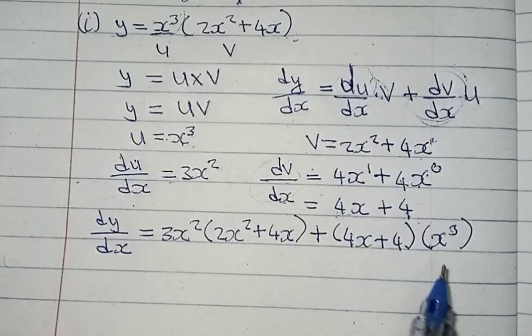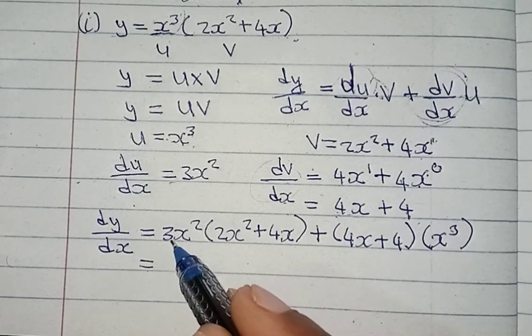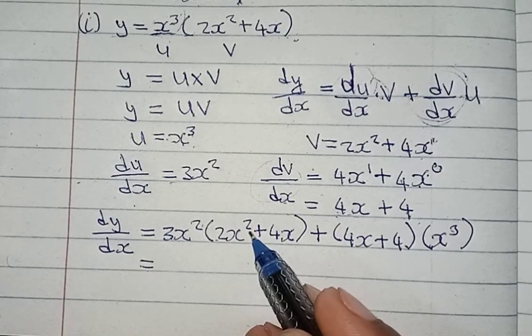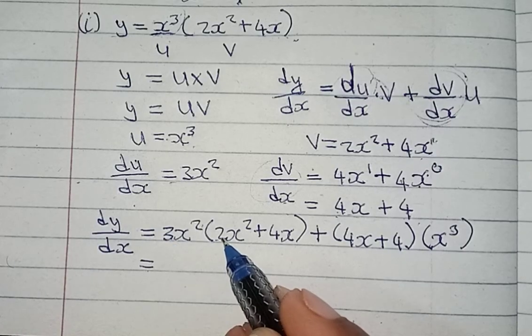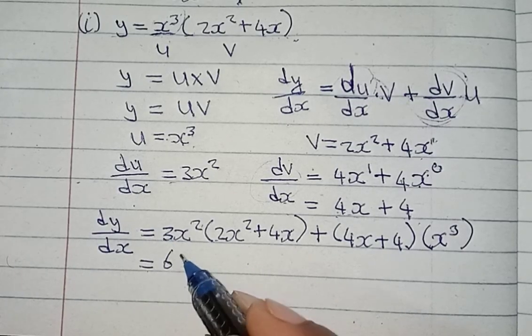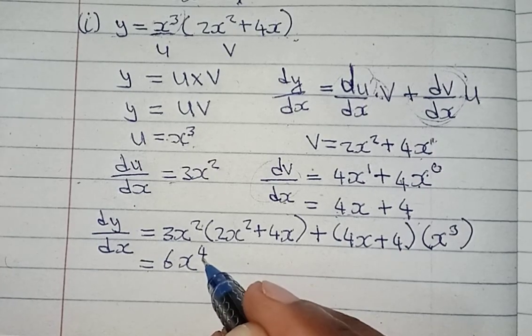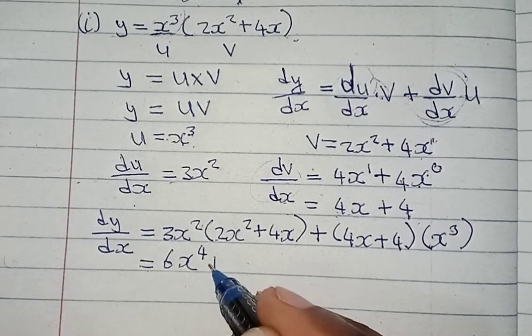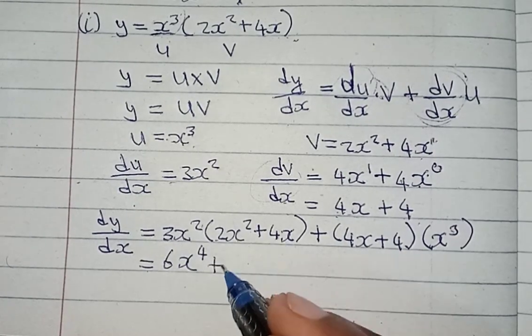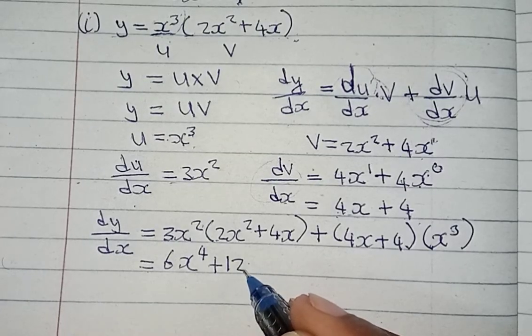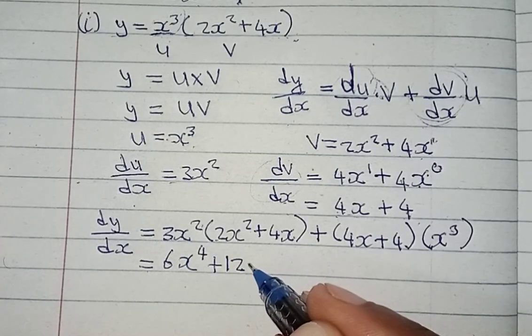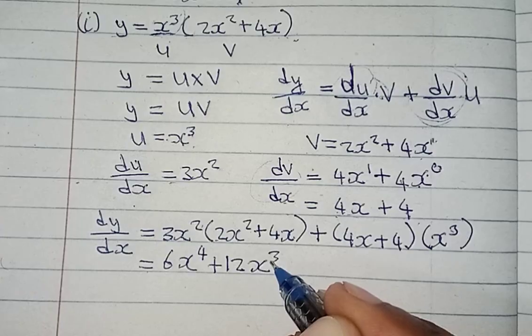Let us simplify. 3x squared times 2x squared. So 3 times 2, we have 6. Then x squared times x squared, x to the power 4. Plus 3 times 4, we have 12. And x squared times x, we have x to the power 3.